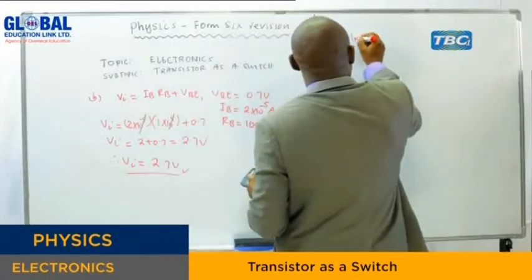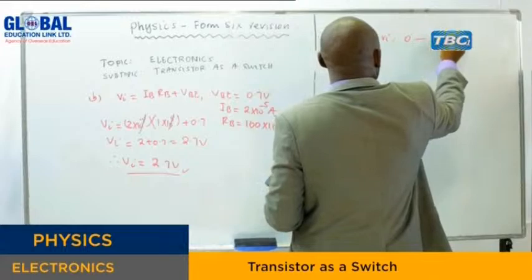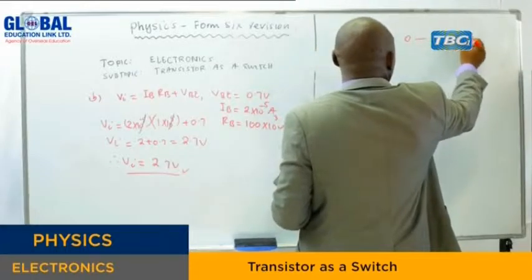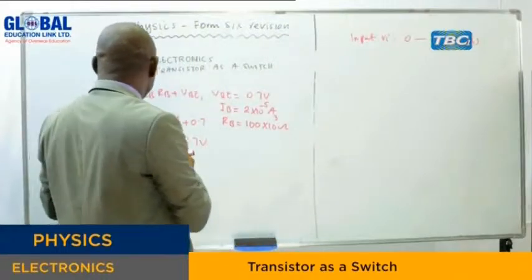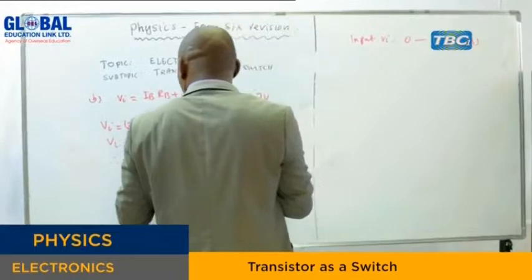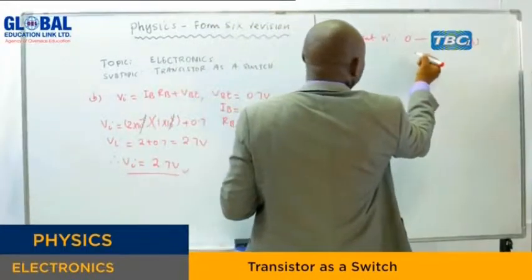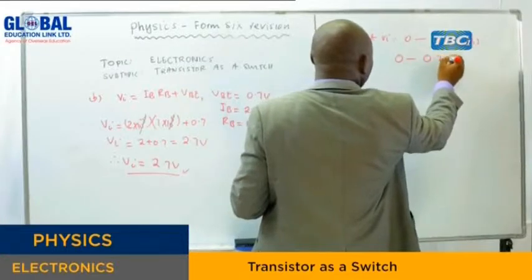The input voltage varies from 0 to 5 volts. This is where the maximum supply voltage is; we never go beyond that. And we have seen the minimum, when the VBE was 0.7, so from 0 to 0.7 volts.